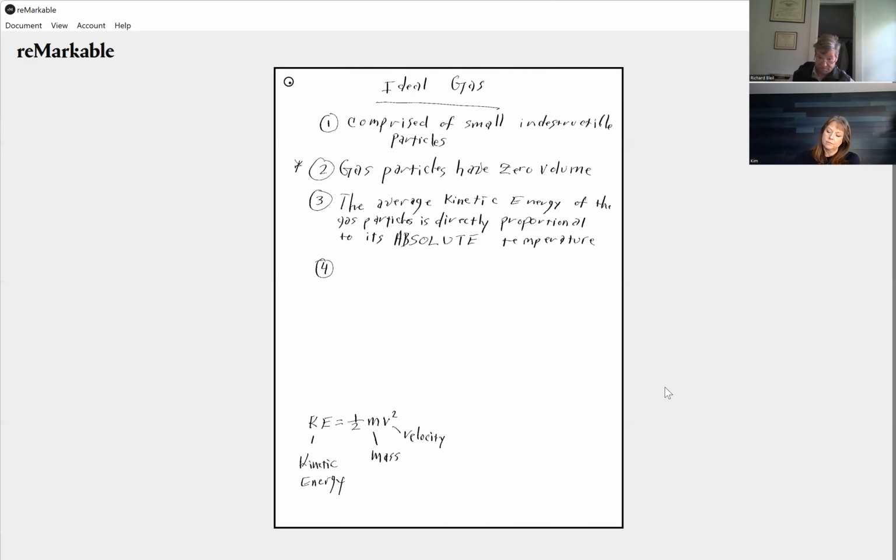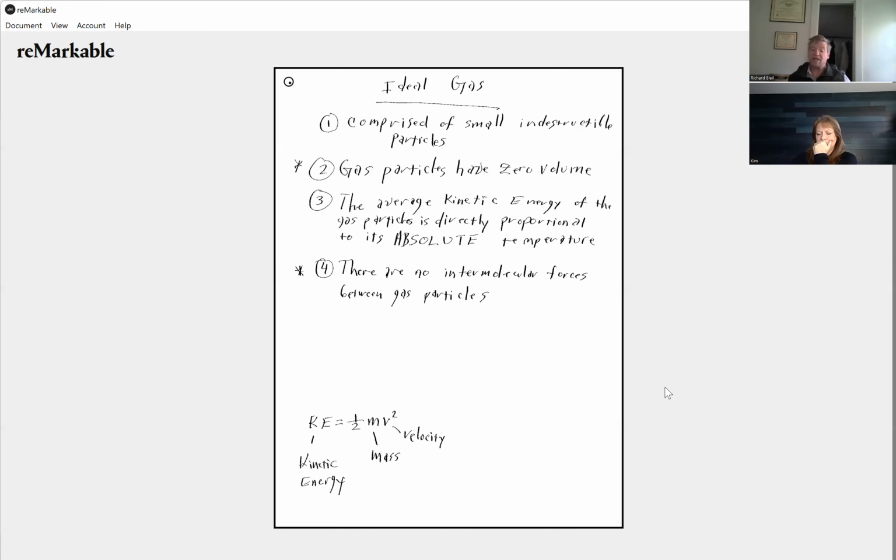And our fourth assumption. There are no intermolecular forces between gas particles. This is not true. It's a good assumption, but it is not true.